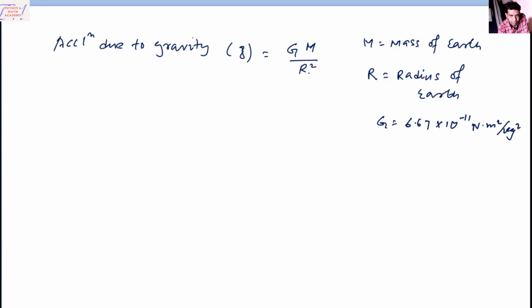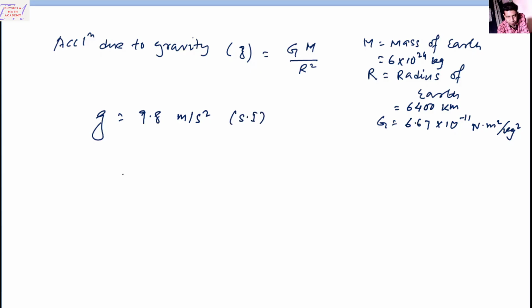If you put in the values, M is 6 into 10 to the power 24 kg and R is 6,400 kilometer, you get g as 9.8 meter per second square in SI, obviously. And for simplicity, we take the value as 10, to make our calculation easier.